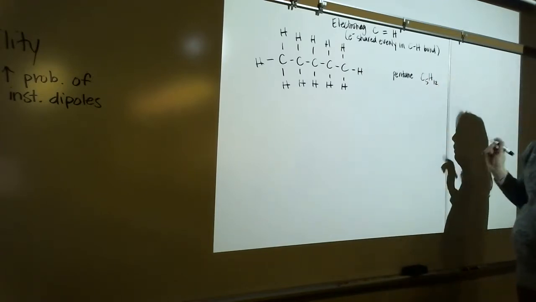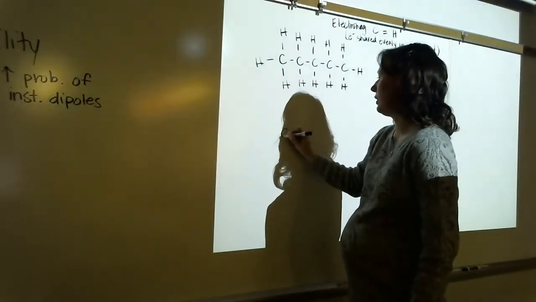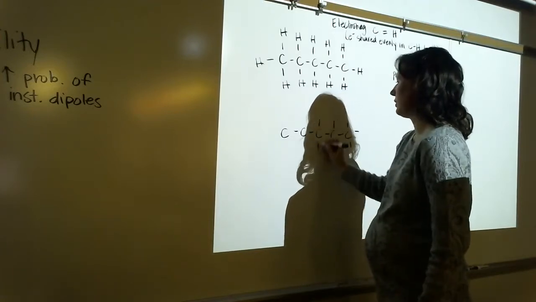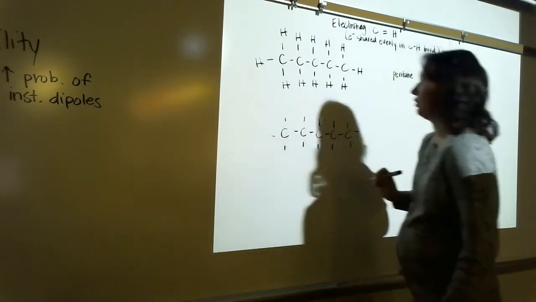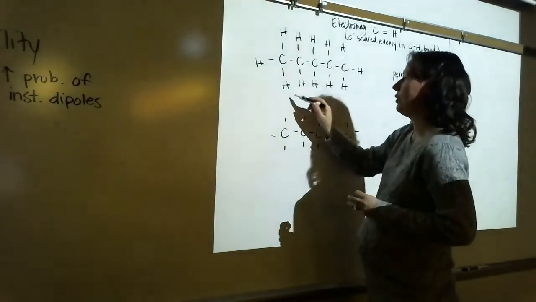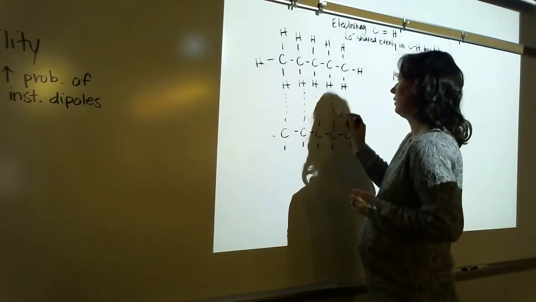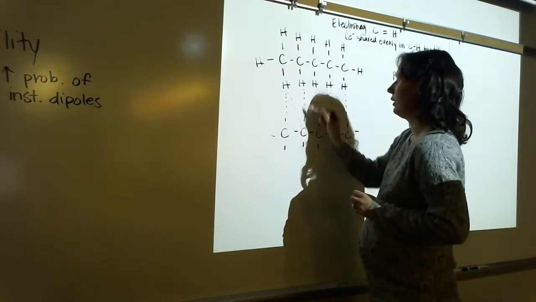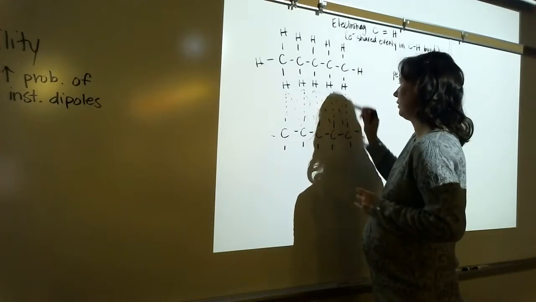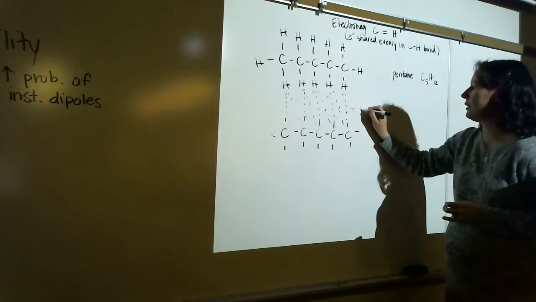Now let's pretend that there's another one underneath. I'm not going to draw the hydrogens this time because I'm lazy. You can just fill it in with your imagination. If these two are near each other, you can have instantaneous dipoles here, and here, and here, here, and here, right? If these are in close proximity to each other, you have a lot of opportunity for those instantaneous dipoles.